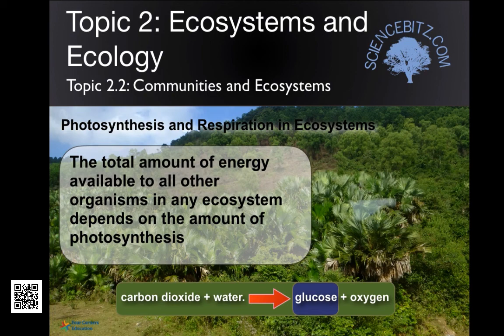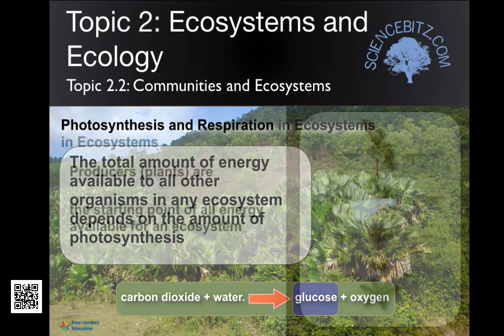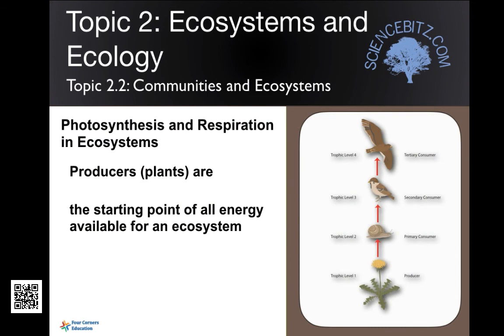Let's bring in some slightly more technical, environmental systems terms. Producers, the plants, are the starting point for all of the energy in the ecosystem. All energy inside our ecosystem starts off with plants. But plants are part of the process.